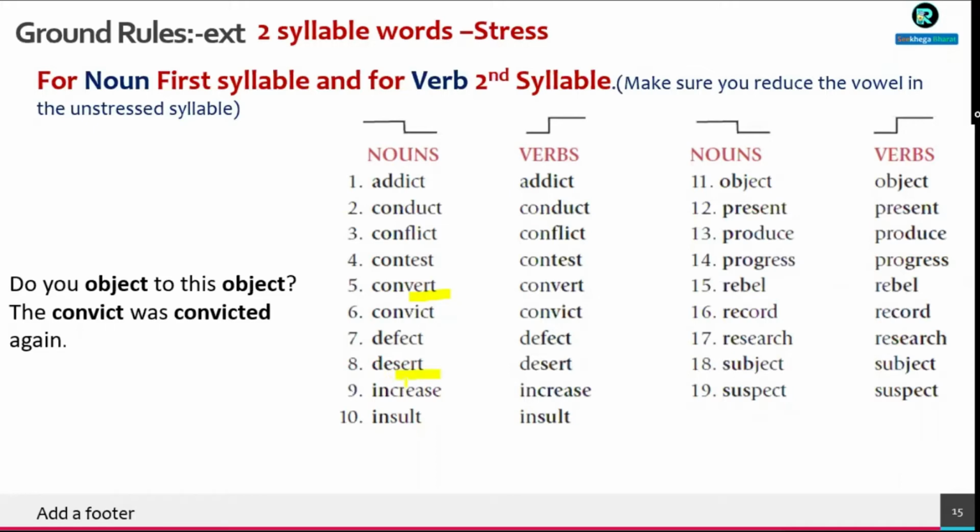Yes, it is day and then zert. Can you see my difference? Can you see the way I speak? Desert, dessert. So this differentiation has to be there, very distinct.